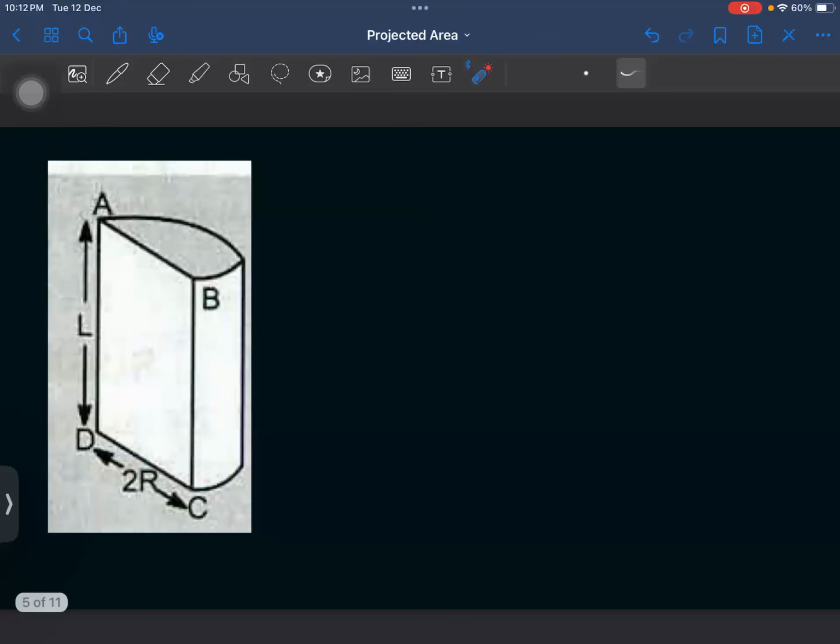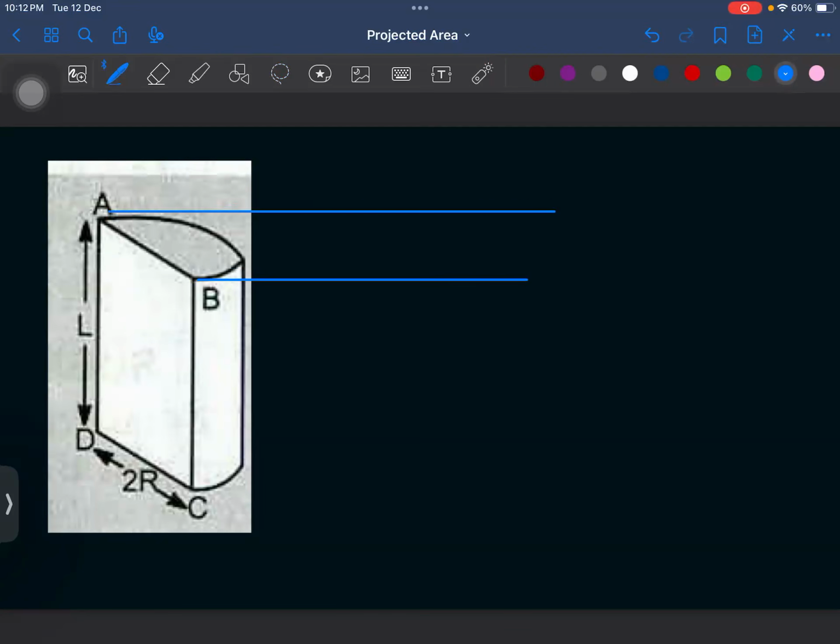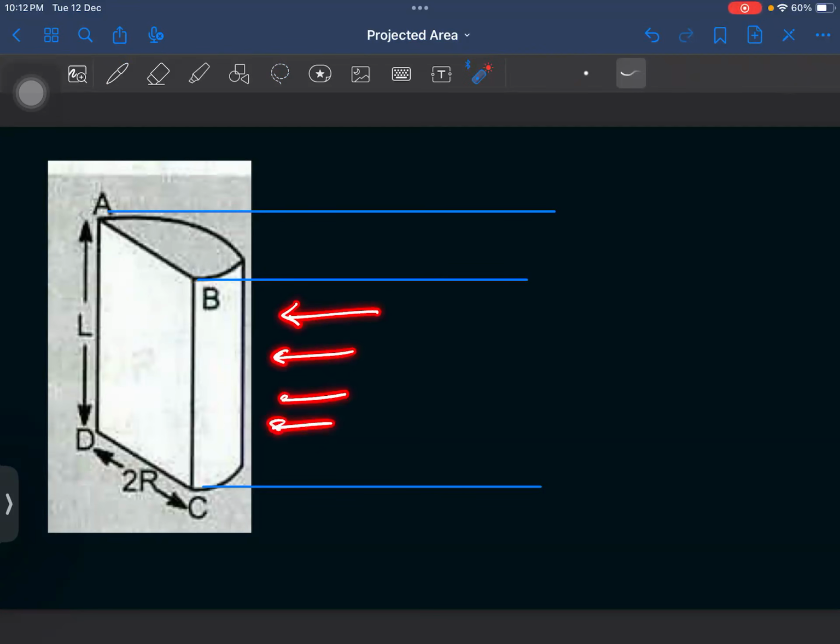Now see this example. If we are asked to find out the force on this curved cylindrical surface, and let this be a wall of a fluid container which is filled up to its depth. Now, dear students, to find out the force, all we need to take is the projected area, and as we need to find out the horizontal force, the projected area will be this.